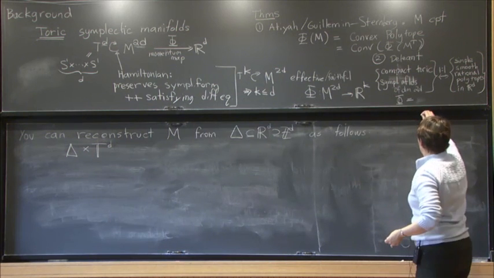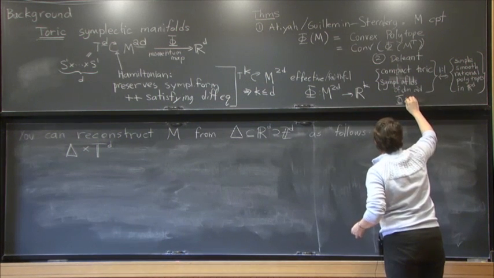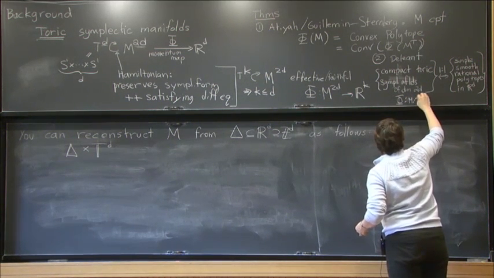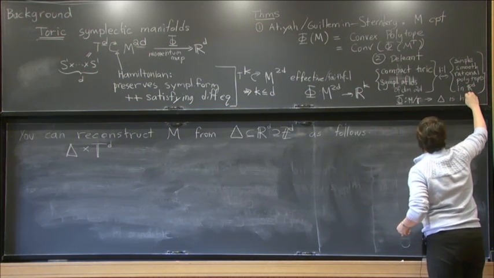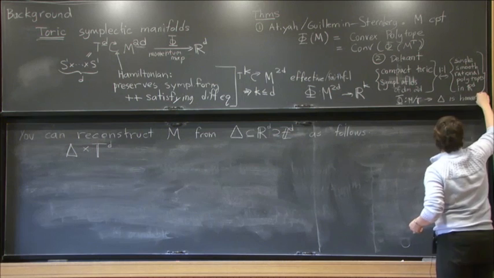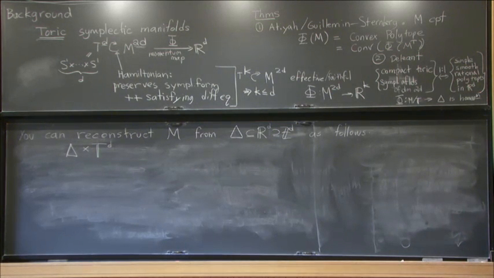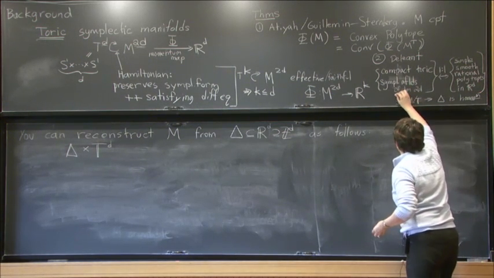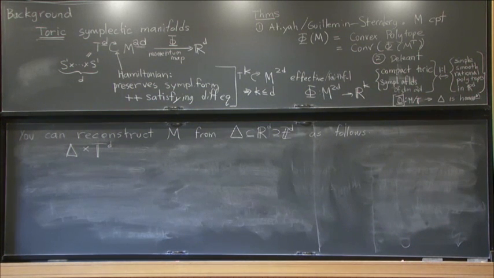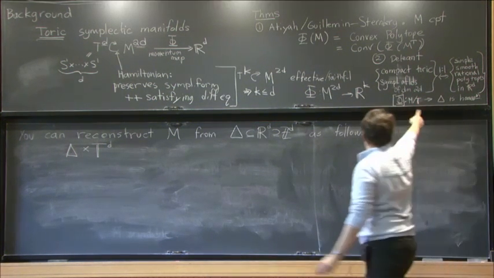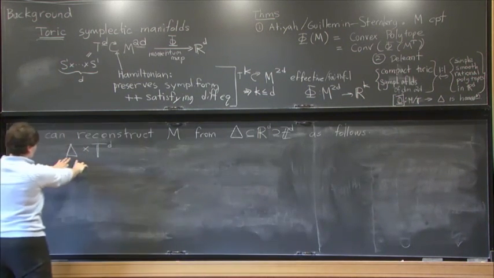In fact, if I think of it that way, phi from M mod T to this polytope is a homeomorphism. So maybe I should call this the orbit moment map.